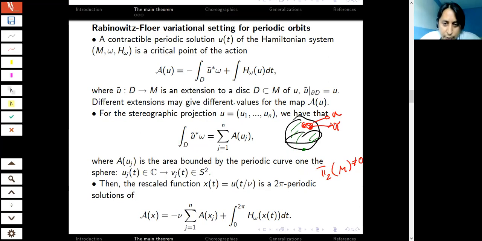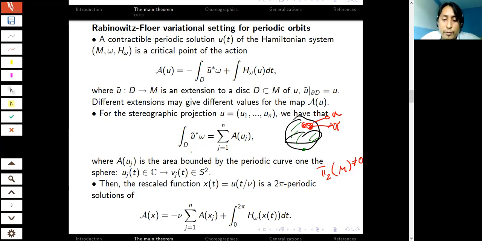So using the stereographic projection, for our problem this integral is just the sum from j equals 1 to n of A of u_j, where A of u_j is the area bounded by the periodic curve on the sphere.